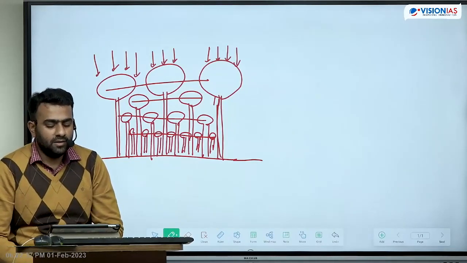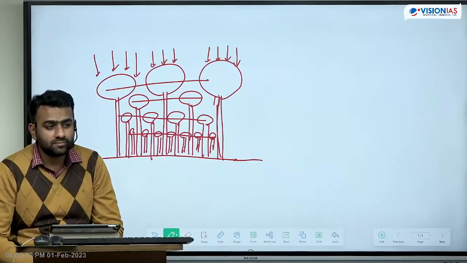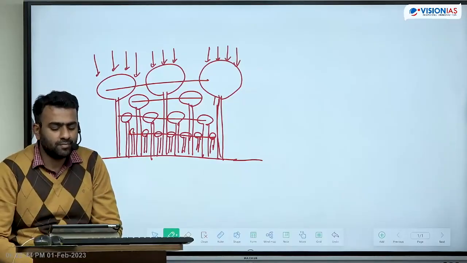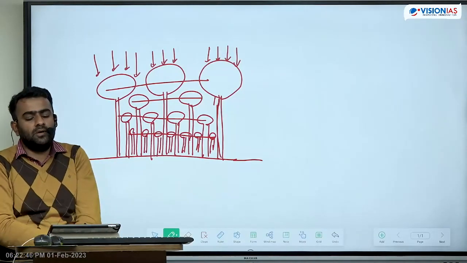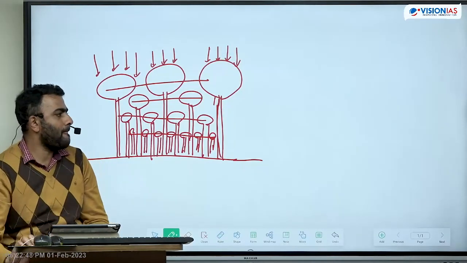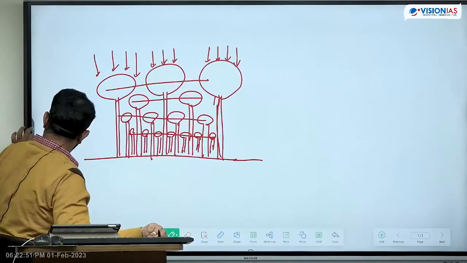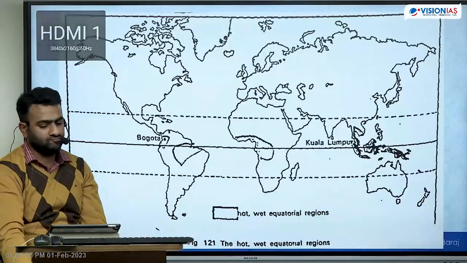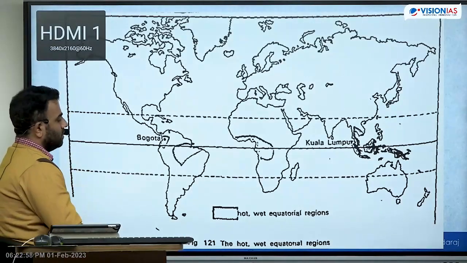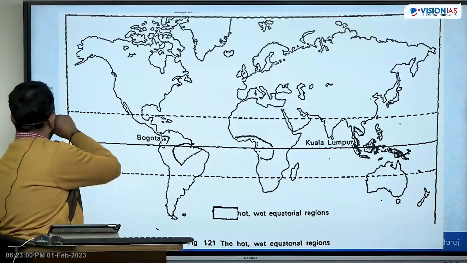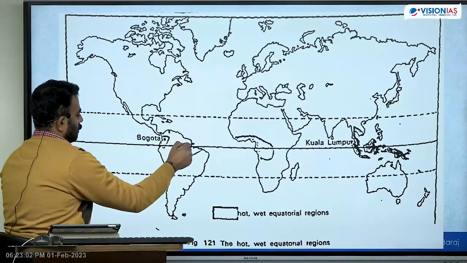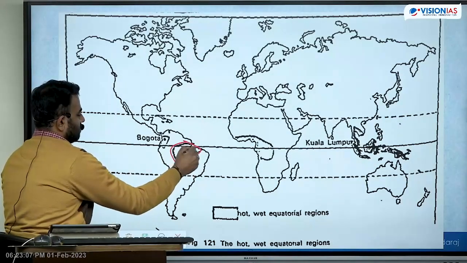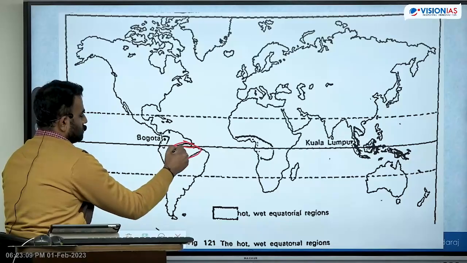Okay. The regions. India has a different type, I will tell you. Regions: Amazon basin. Amazon basin is basically the region through which the Amazon river flows.